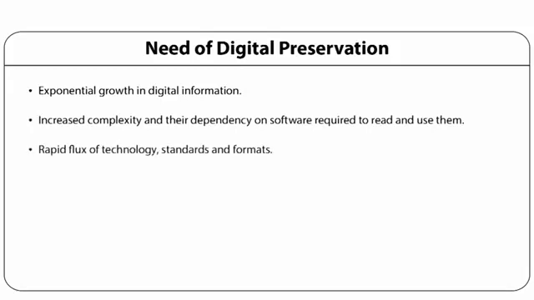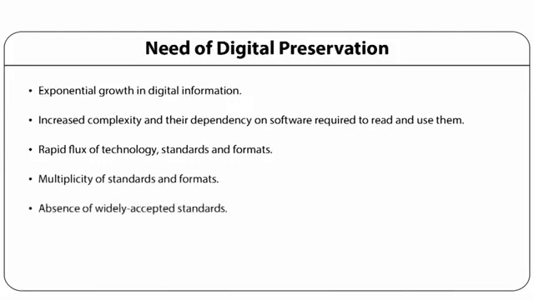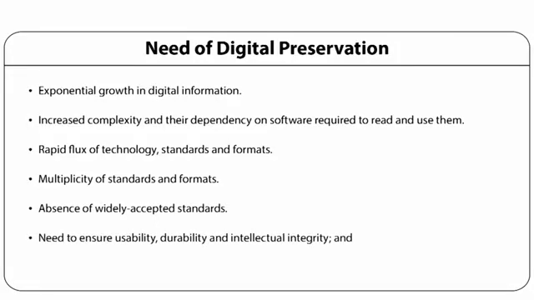Rapid reflux of technology, standards and formats, multiplicity of standards and formats, absence of widely accepted standards that will assure access over time, need to ensure usability, durability and intellectual integrity of the digital information, and rapid changes and obsolescence of storage media, for example the limited lifespan of storage media.